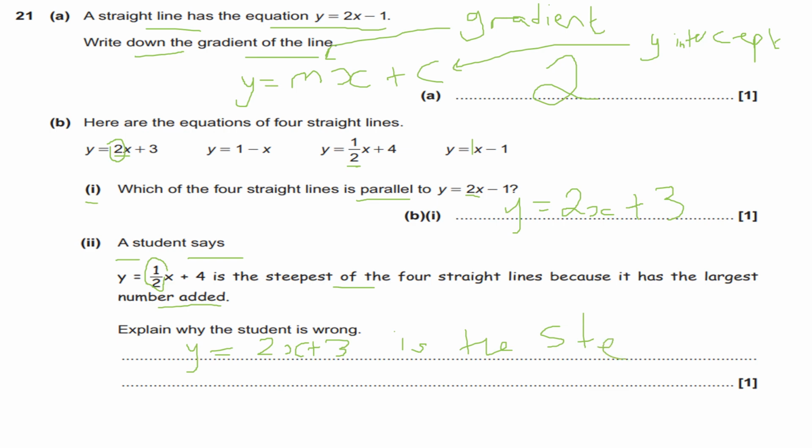So essentially, it is the largest value of m, as it has the largest gradient. Sorry about my handwriting, guys. As it has the largest gradient.